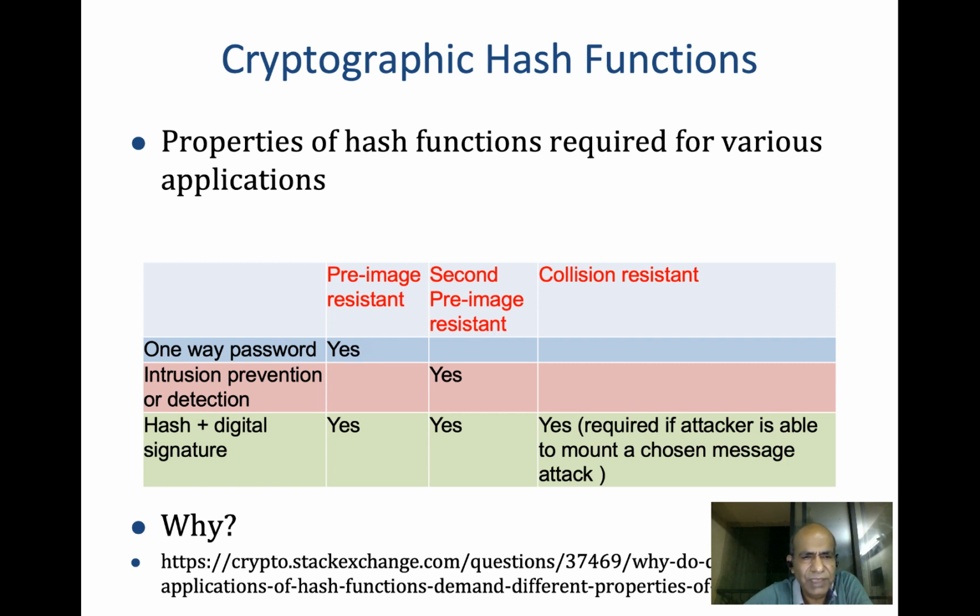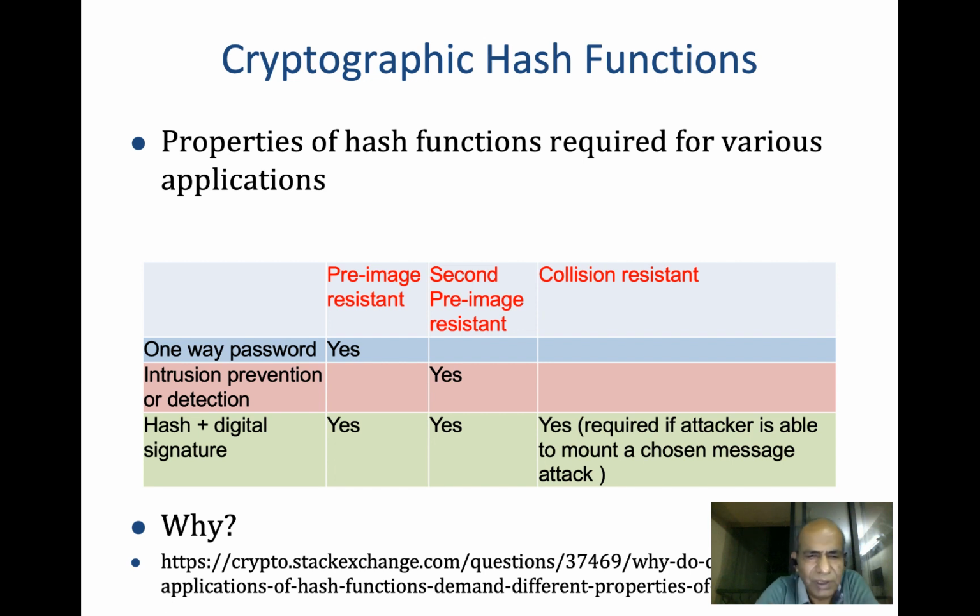Now, if you want to use a hash function for intrusion prevention or detection, then the hash function should have second pre-image resistance. Now, if you want to use a hash function for digital signature, then it should have all three: pre-image resistance, second pre-image resistance, and collision resistance.